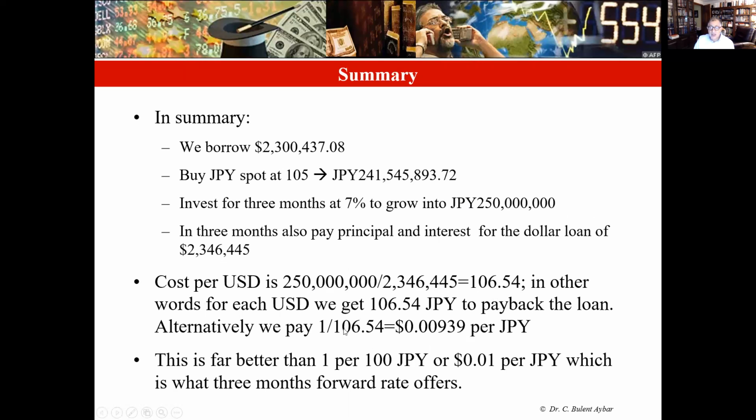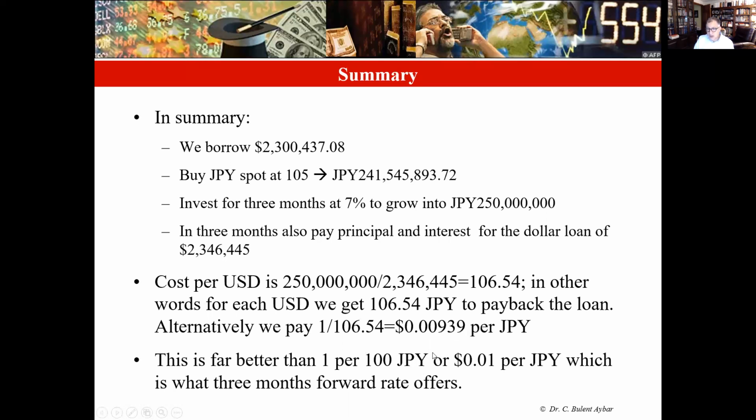So in some ways, the cost of acquiring Japanese yen at this particular rate of 106.54 is $0.0939. In contrast, if you use the forward contract, it will allow us to acquire 1 Japanese yen at the rate of 0.01 per Japanese yen.